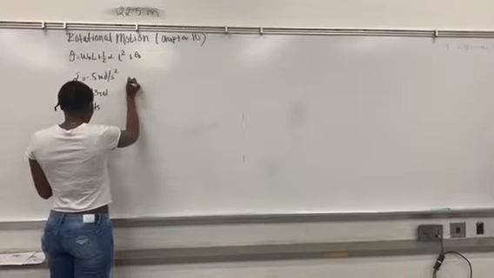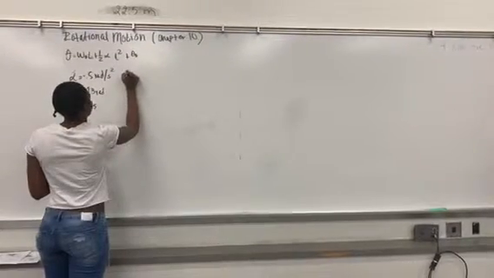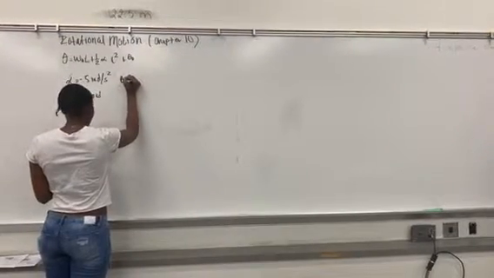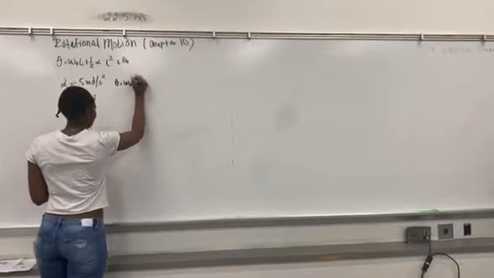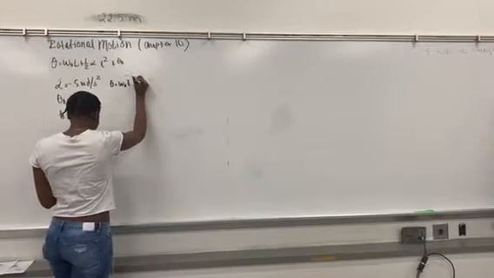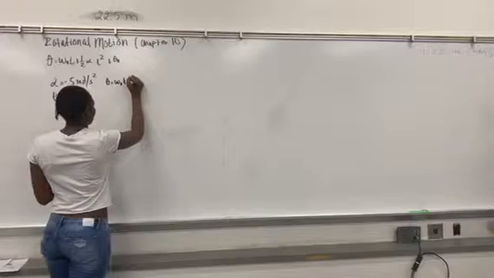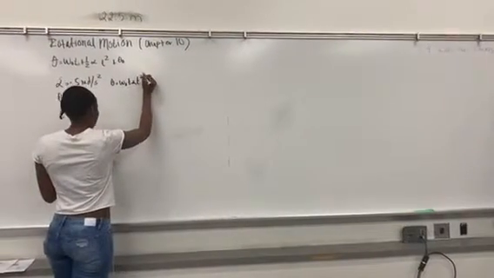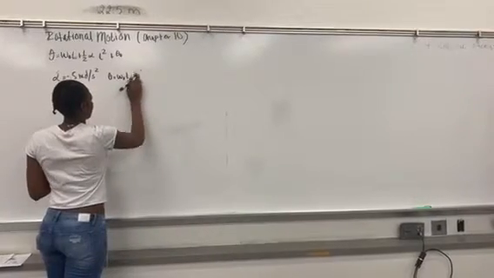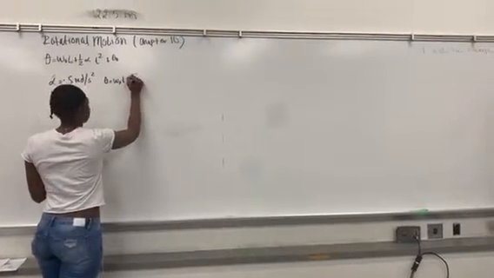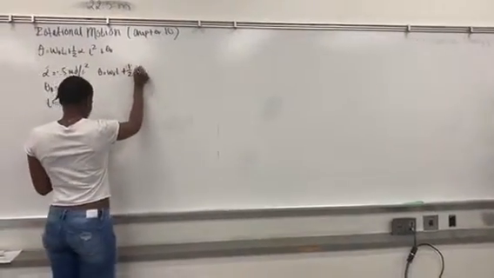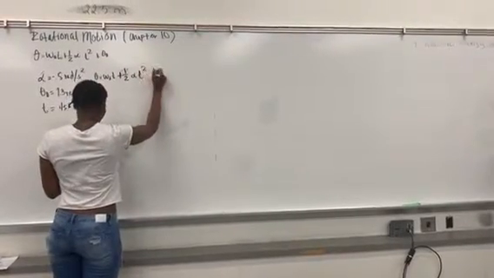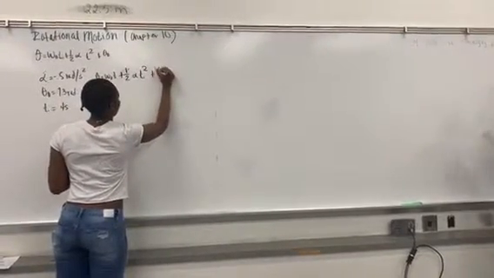So to write it out again, the equation is theta equals omega naught times time plus 1/2 alpha t squared plus theta naught.